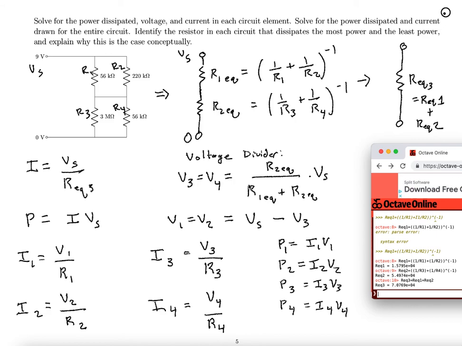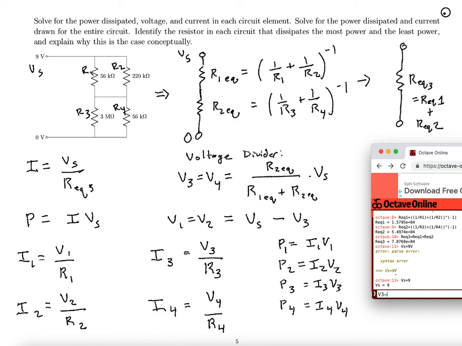Now V3 and V4. V3 is R equivalent 2 times Vs. Let's do Vs of 9 volts. Vs is 9, sorry. There we go, that's up here. Now back to V3 and V4.